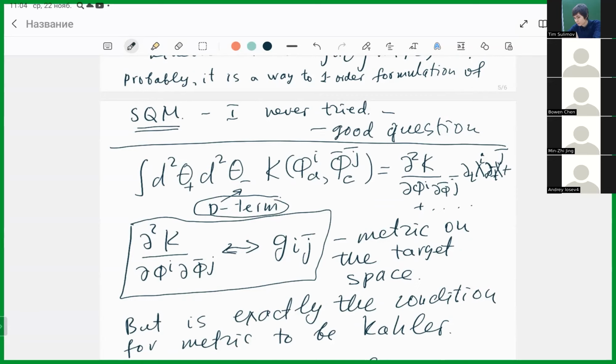So chiral and anti-chiral superfields and supersymmetric action is intrinsically related to Kähler geometry. And when this was understood, mathematicians were impressed. Is it clear how it happened? Yes.